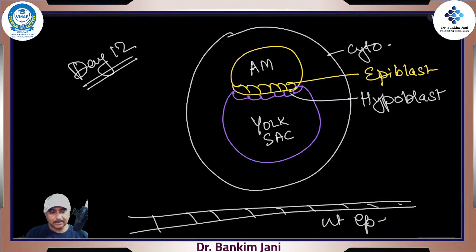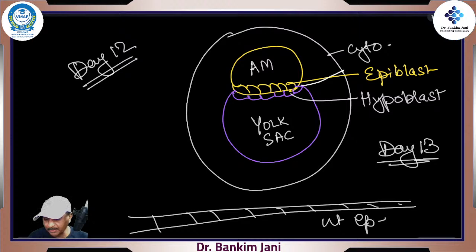One change in one day, that is the development of, so I'm writing it over here, say this is day 13. Everything remains the same, but there is development of the connecting stalk. So this is day 13, the connecting stalk.